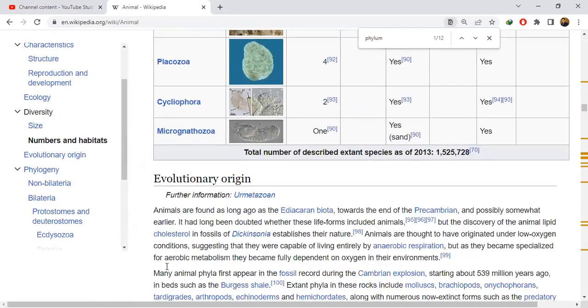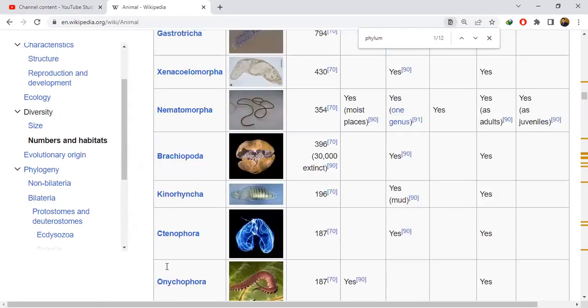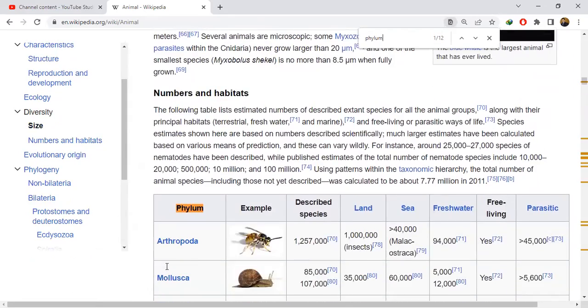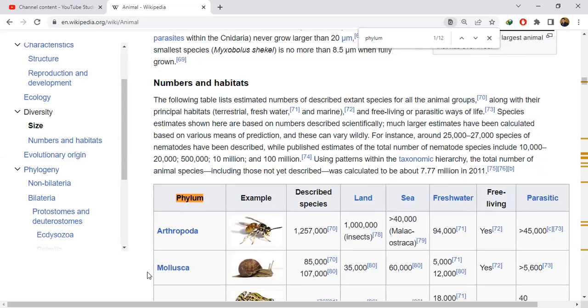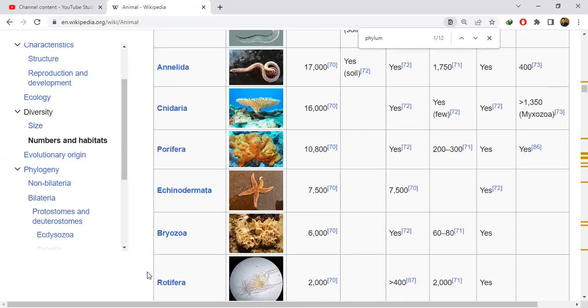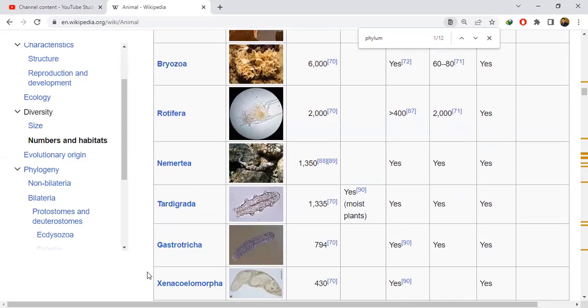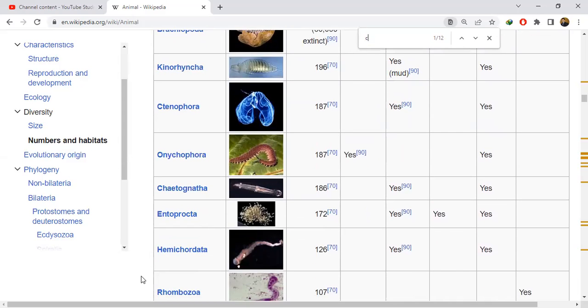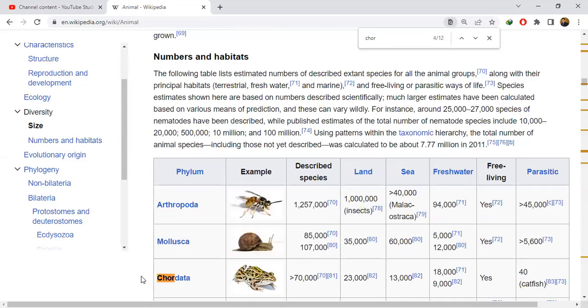Understood? Yes, sir. To my knowledge, around 35 phyla or something is there. In that, I am looking for my phylum. What is the phylum? Chordata. So let's find the word Chordata.